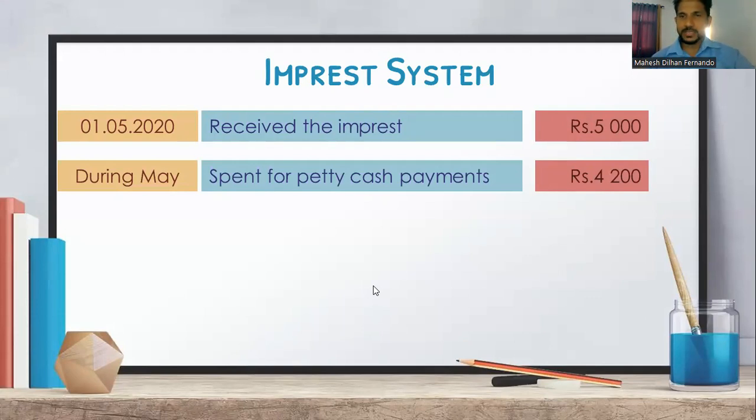Who can tell me the balance as at 31st of May? In the petty cash book, how much is available as the balance?